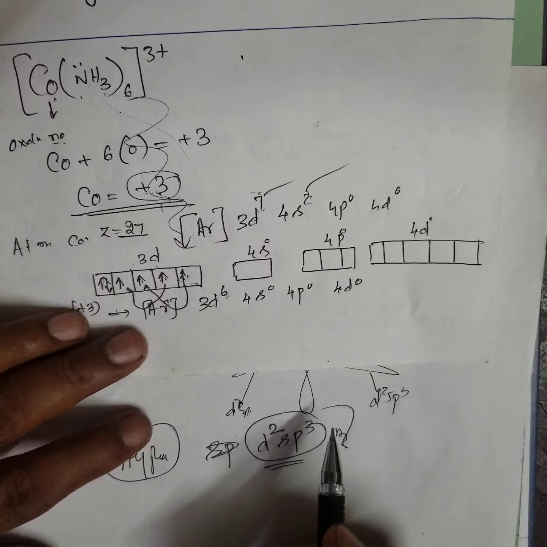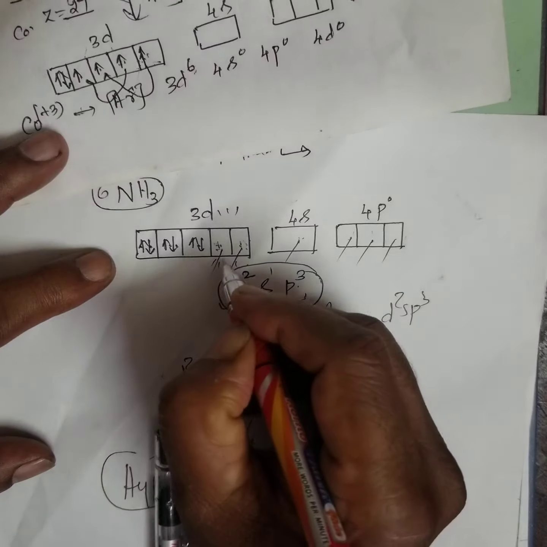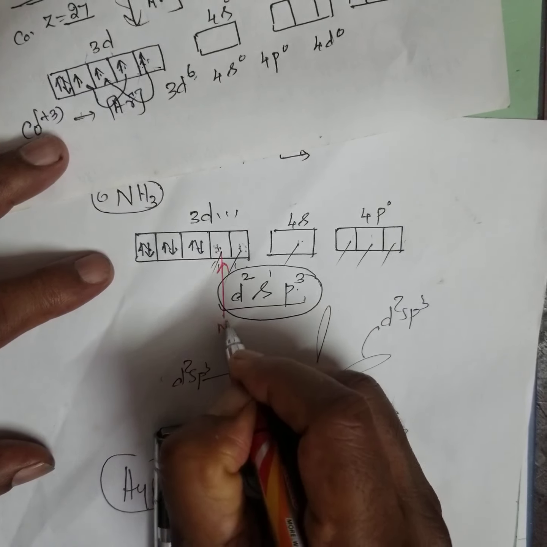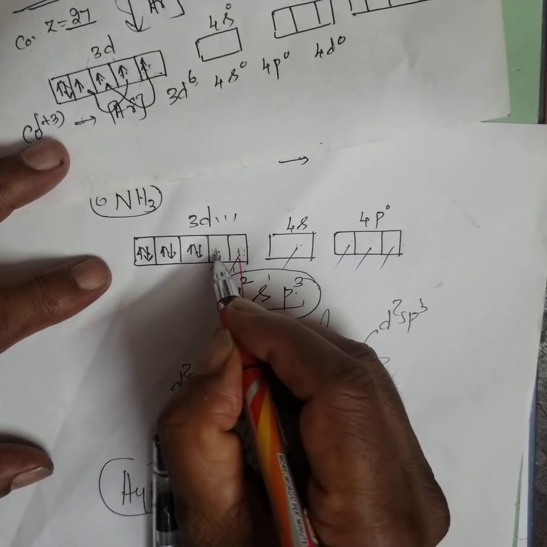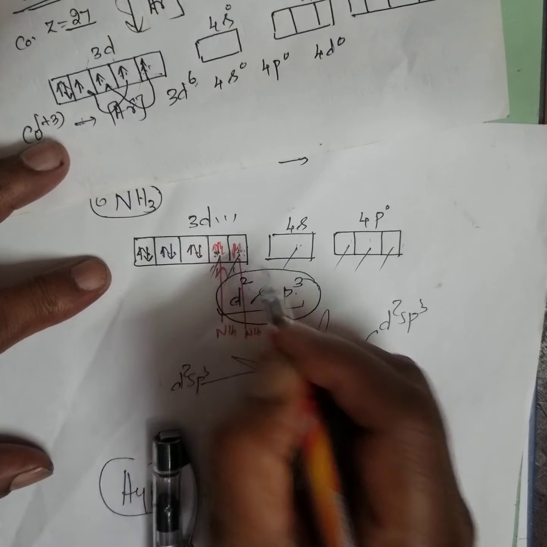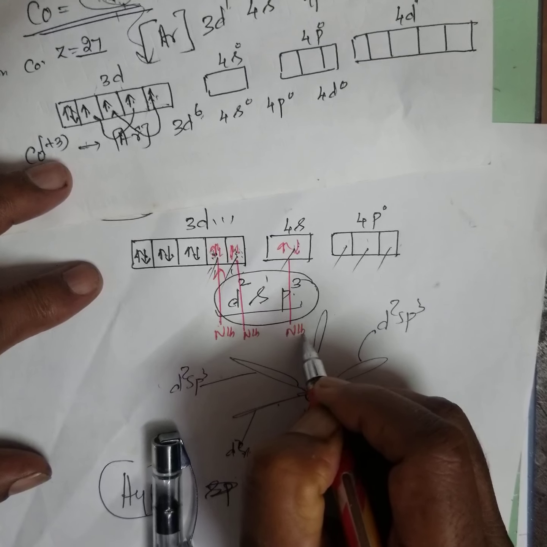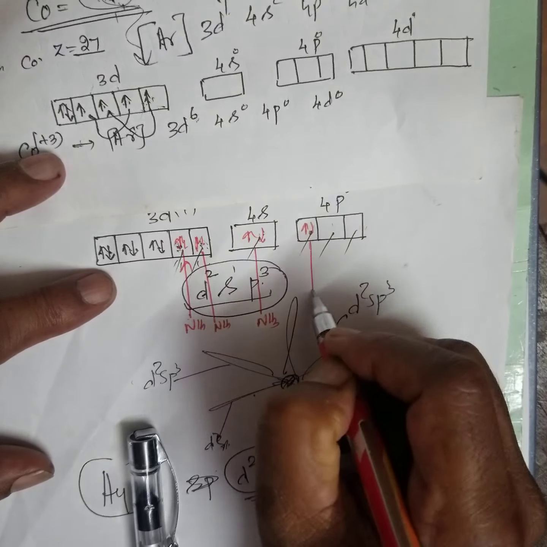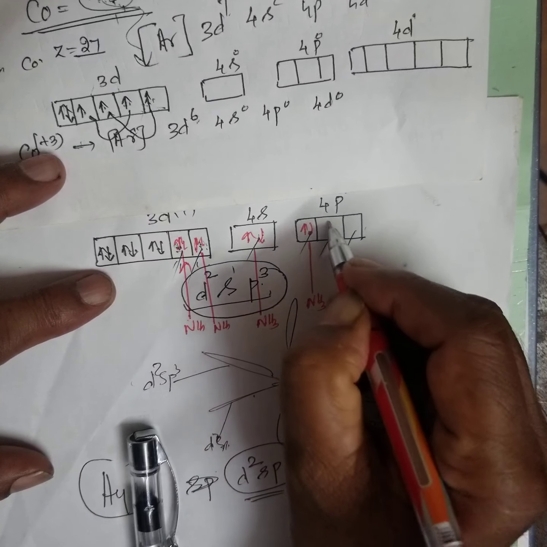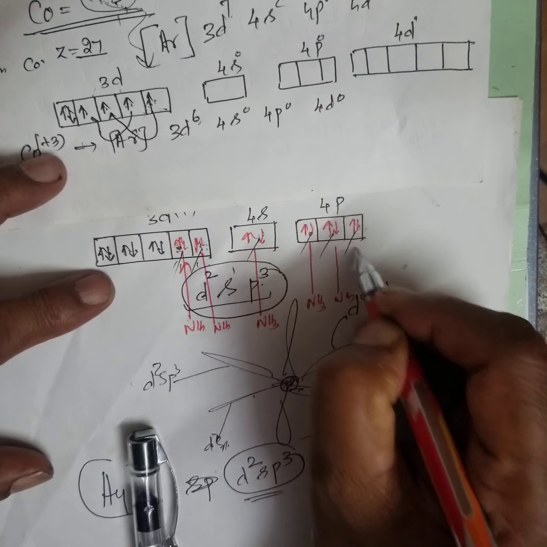Then what will happen? Here one ammonia will fill, here one ammonia will fill. That means you donate 2 electrons, a pair of electrons, here. Similarly, a pair of electrons is donated by the neutral molecule ammonia. Same thing like this.